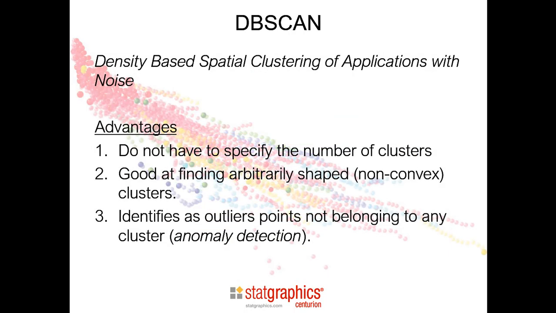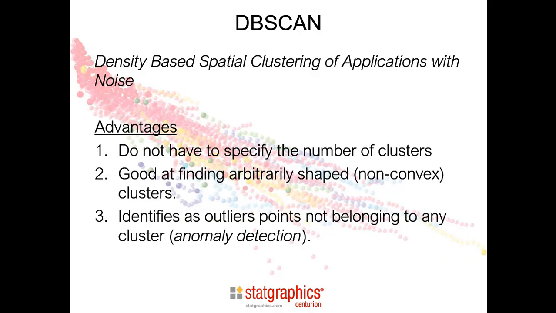The next clustering method in Statgraphics I'd like to talk about is called DBSCAN. DBSCAN stands for Density-Based Spatial Clustering of Applications with Noise. There are several advantages of DBSCAN. The first is that you don't have to specify the number of clusters.